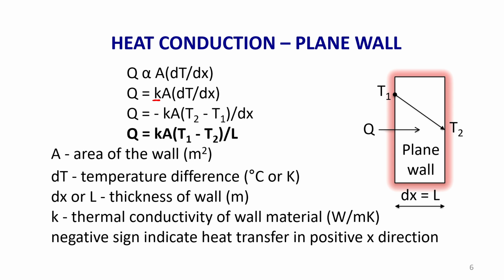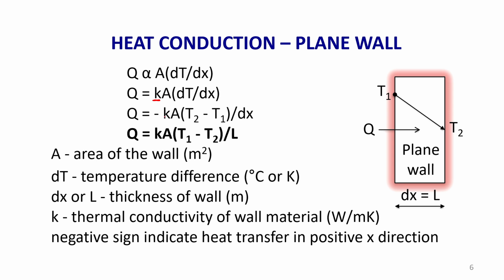Suppose you take T1 as 35 degree centigrade and T2 as 30 degree centigrade, then whatever numbers we take, the difference will be negative because T2 is less than T1.